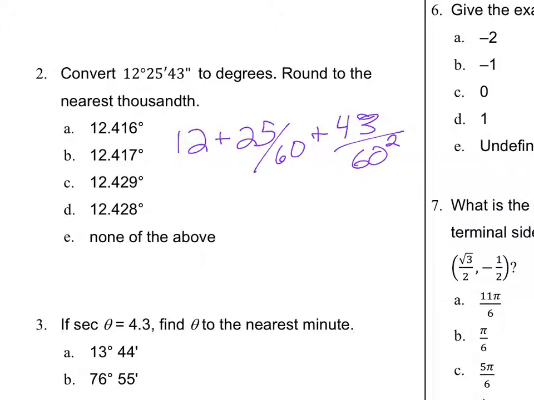So if we plug this into our calculator, I have 12 plus 25 divided by 60 plus 43 divided by 60 squared.